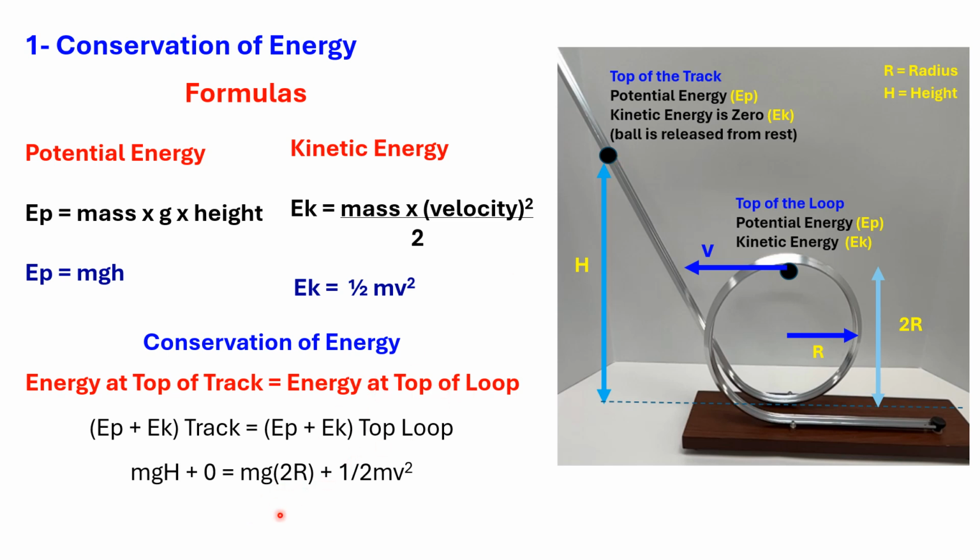And at the top of the loop, the height is 2 times the radius. And we have kinetic energy because here we have velocity. Now we need to pause working on this equation to find the relationship for the speed of the sphere in the loop.